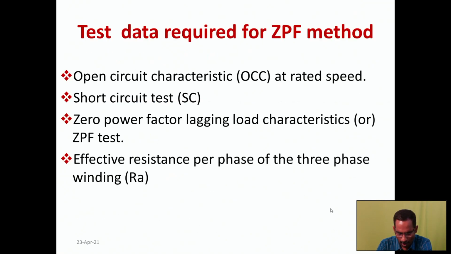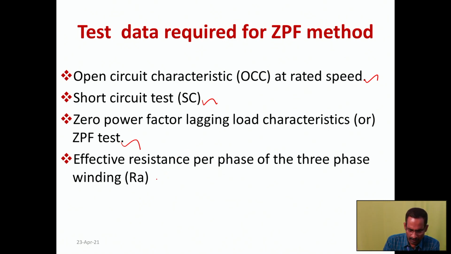Okay. So here, in addition to the OCC test and the short circuit test, I require the ZPF test value also: zero power factor lagging load characteristics. Zero power factor lagging means we require a pure inductive load.